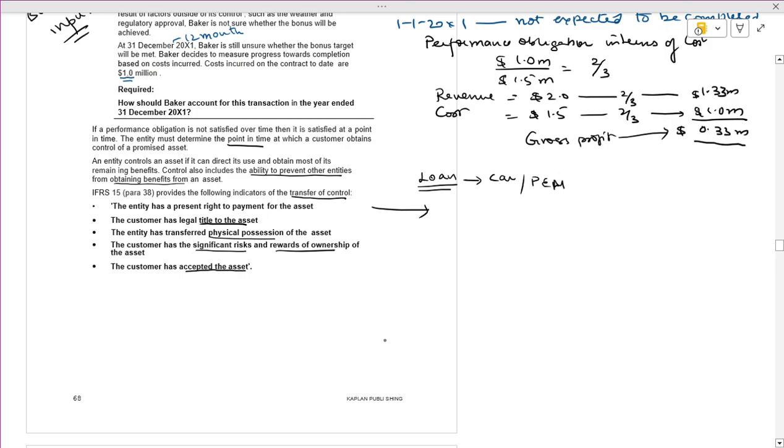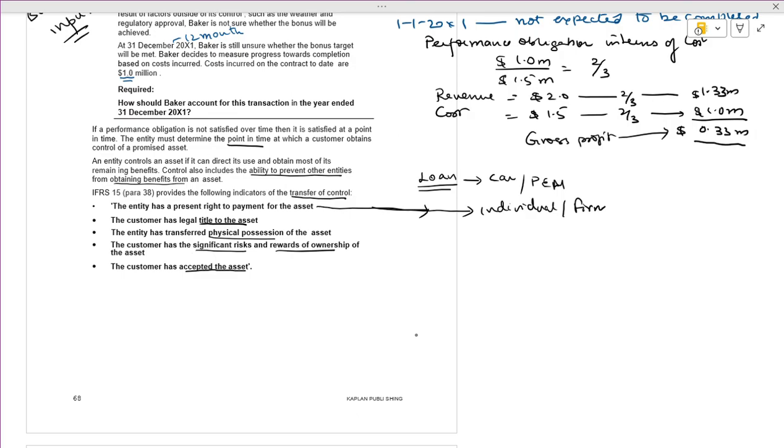You have the present right to payment. The individual or the firm has the right for payment. The customer will have the legal title. The physical possession is transferred to the customer, and whatever happens, the customer will take the risk and rewards, and the customer is accepting the asset.